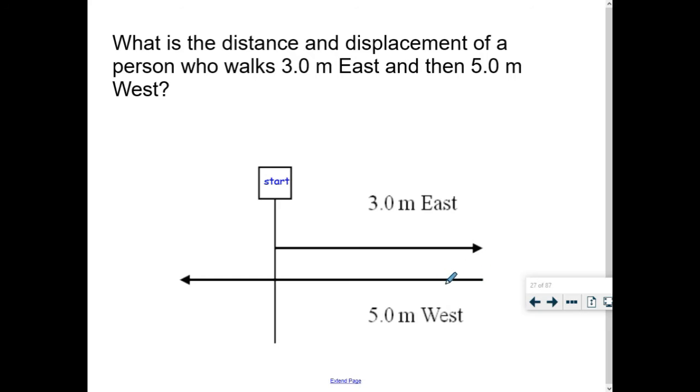Example. Asking, because someone might say 2, someone might say 8. Right? If I ask you about distance, which does not have a little accent, little hat on top, distance is literally just how far did you go? Well, I walked 3 and then I walked 5.